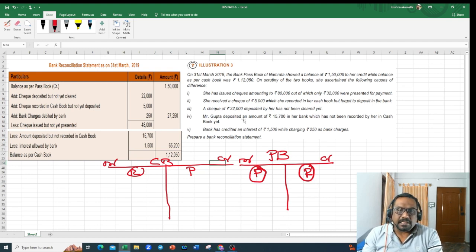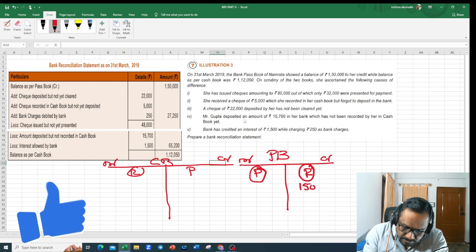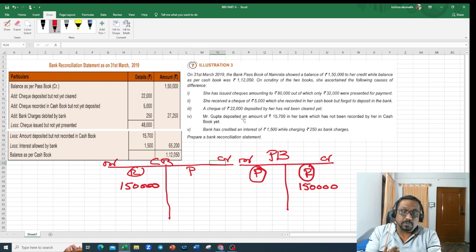Since we took the cash book balance as the base in our previous illustration, I'm taking passbook as the base for preparing this reconciliation. So 1,50,000 is the credit balance in the passbook. So in the passbook, I need to put 1,50,000. Similarly, I need to put 1,50,000 in the cash book, assuming that both the balances are the same.